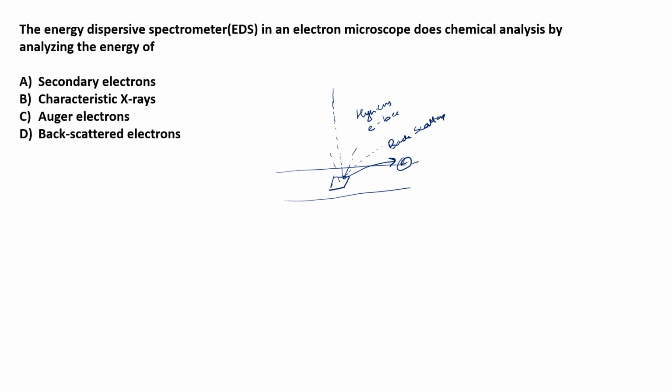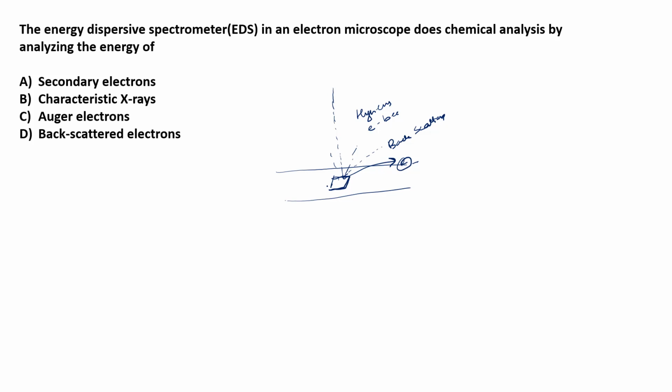When these electrons are generated, to fill the vacant position, electrons from the outer shell come to the lower shells. That produces waves, basically X-rays.